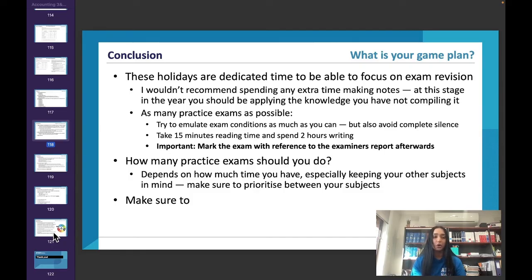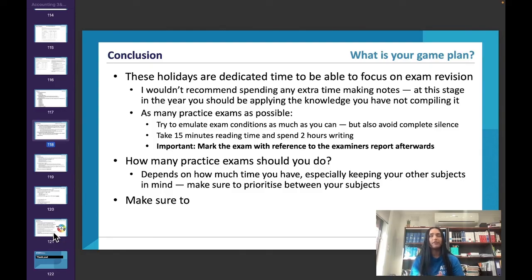The examination reports for all VCE subjects, not just accounting, for each exam is one of the most valuable resources that you can use in exam revision, because it's basically the examiners who mark the exams saying this is where students went wrong and this is how the marks were allocated, and you can learn from previous students' mistakes.